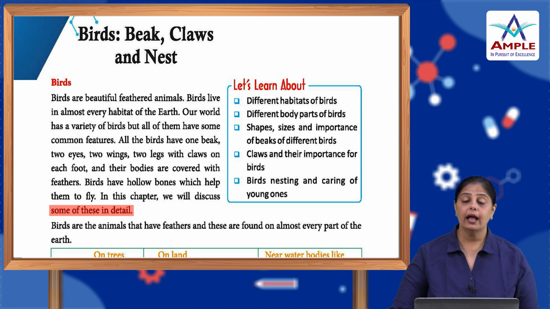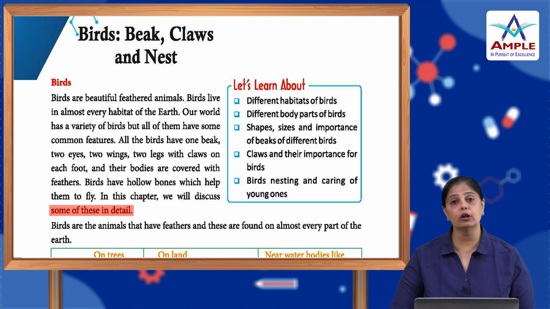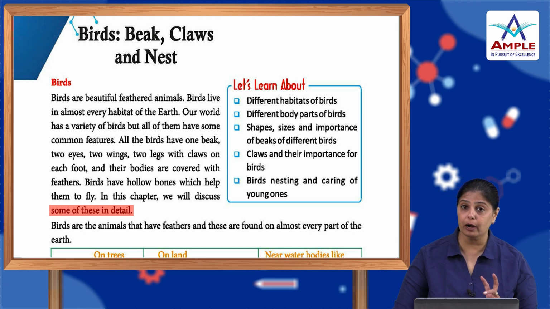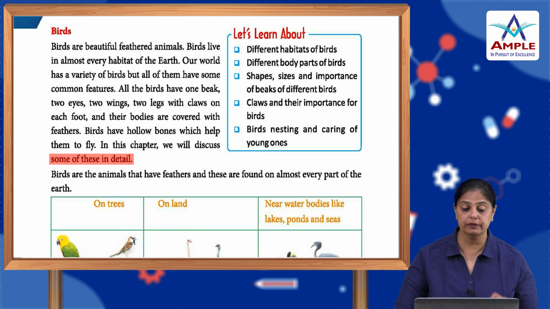Alright. Now although all the birds may look different from outside, there are certain features that are the same for all birds, like they have one beak, two eyes, two wings, two legs with claws on each foot, and their bodies are covered with feathers. Alright.